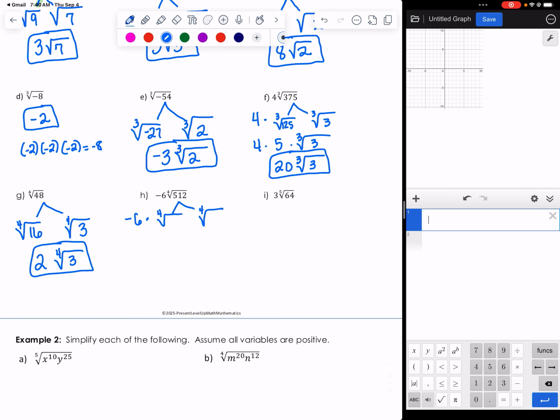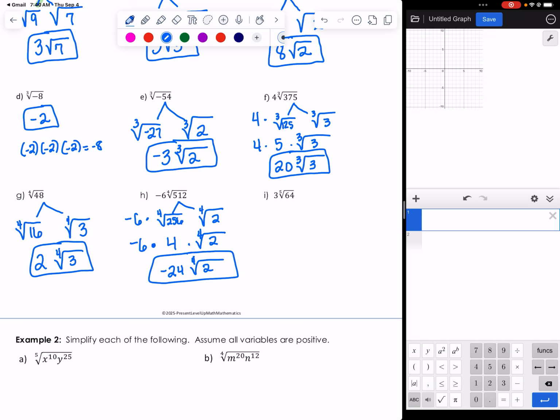So the fourth root of 256 times 2 would give me 512. So let's simplify this. It would be negative 6 times the fourth root of 256, which is 4. And then we have the fourth root of 2. Now we'll multiply our coefficients to get negative 24 fourth root 2.